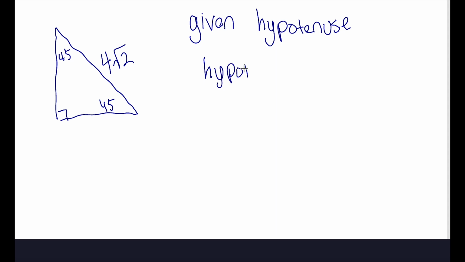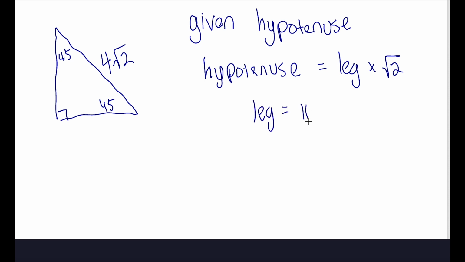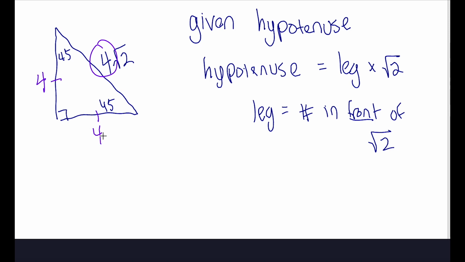Well, since the hypotenuse equals the leg times the square root of 2, that means the leg is the number in front of the square root of 2. So here, that would be the 4. So if the hypotenuse is 4 radical 2, then each of the legs are equal to 4.